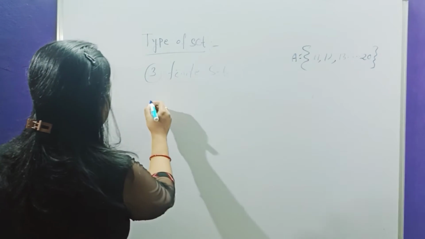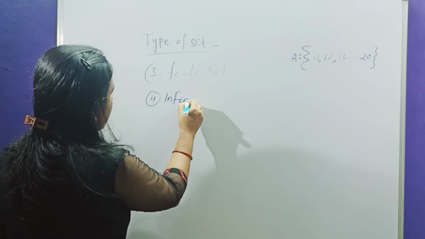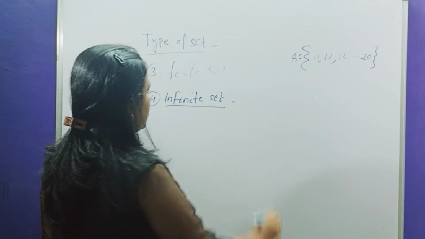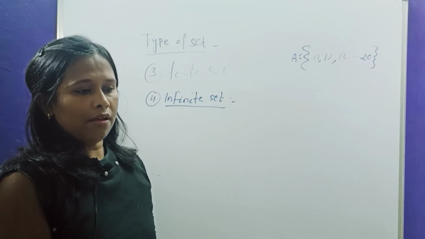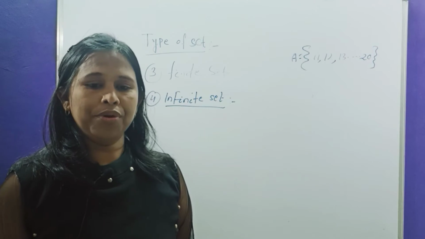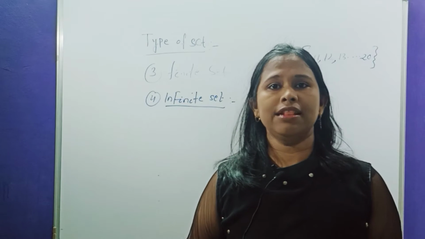Next, the infinite set. Infinite set means we can't count the elements in that set. There are infinitely many elements present in that set.